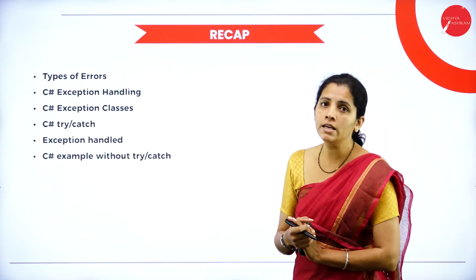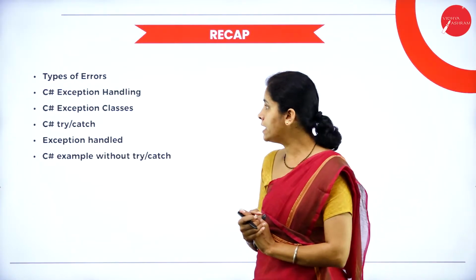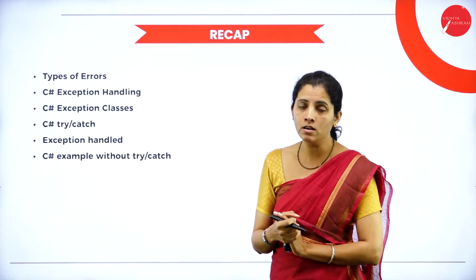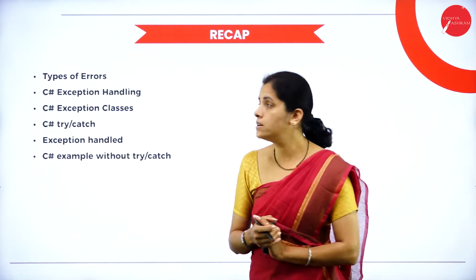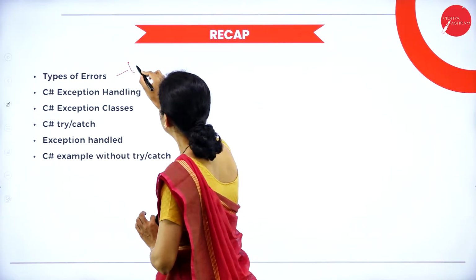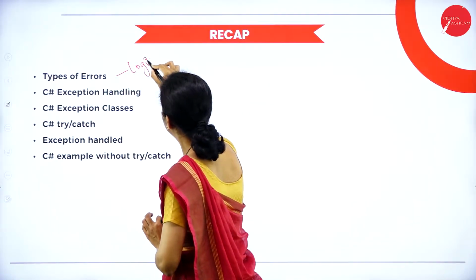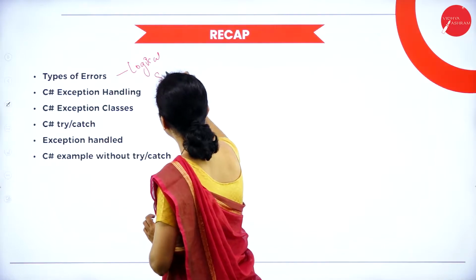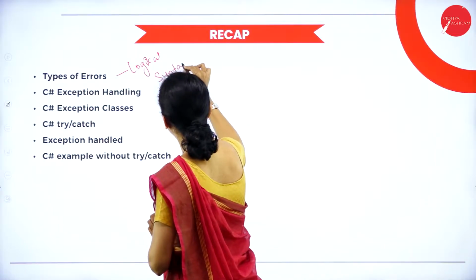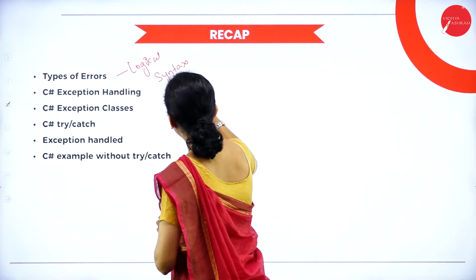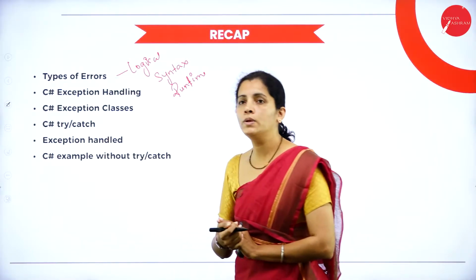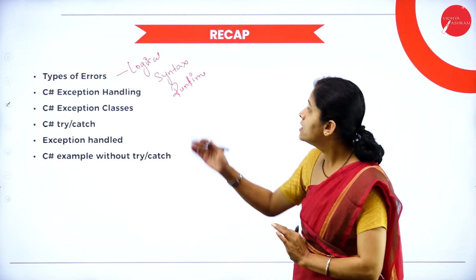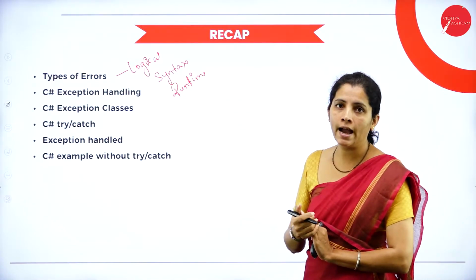So dear student, in my previous session, I started with what is an error. Along with that, I have discussed three types of errors, that is logical error, syntax error and runtime error. Along with that, I have discussed C# exception handling.